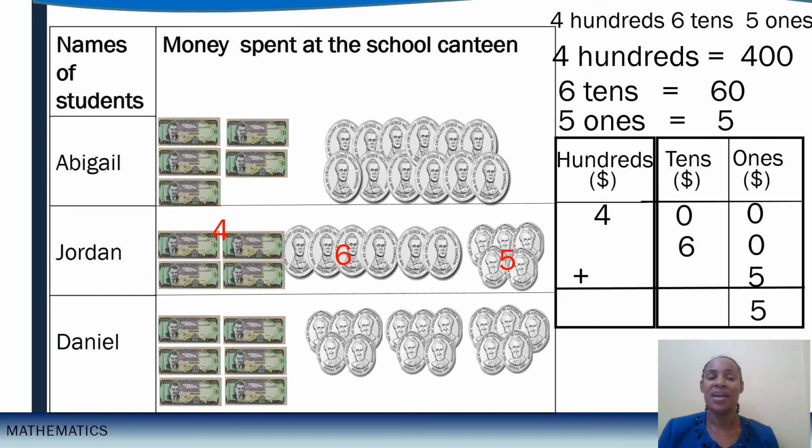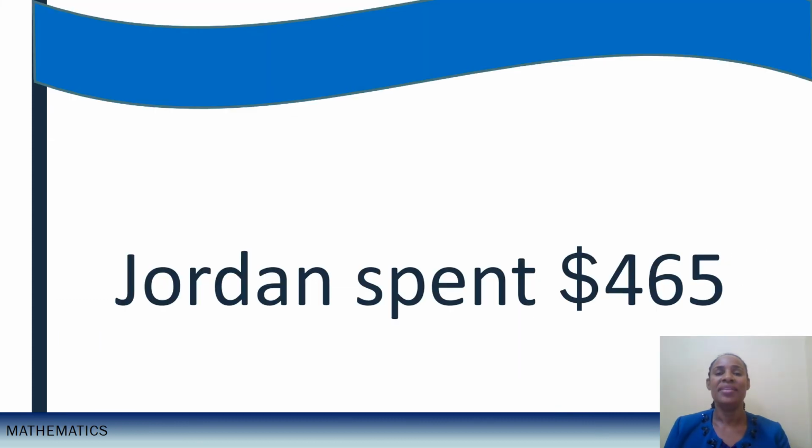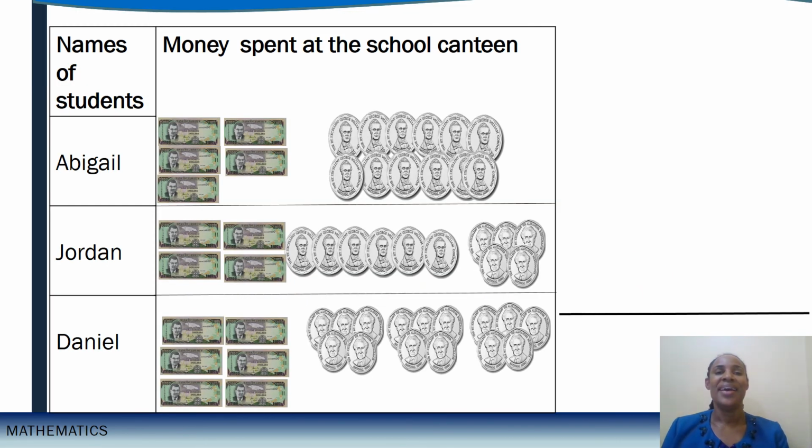And then for the hundreds we have 4 hundreds, and so we just put back 400 in our 100 columns. Let's read how much money Jordan spent altogether. Jordan spent $465.